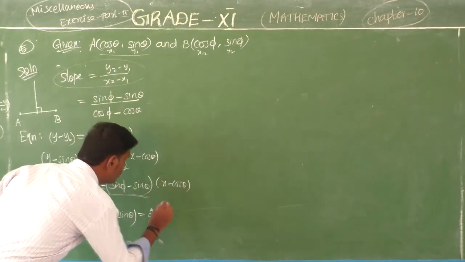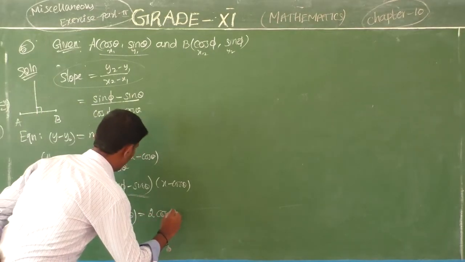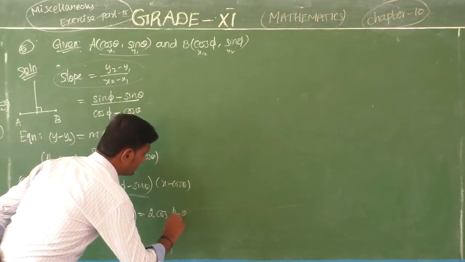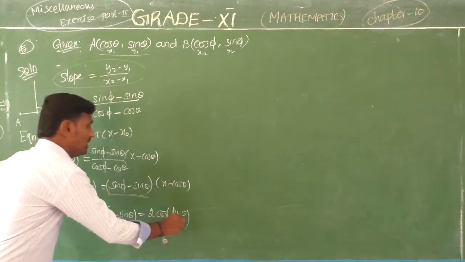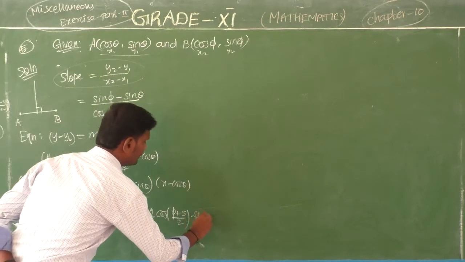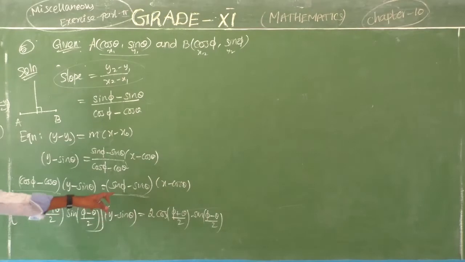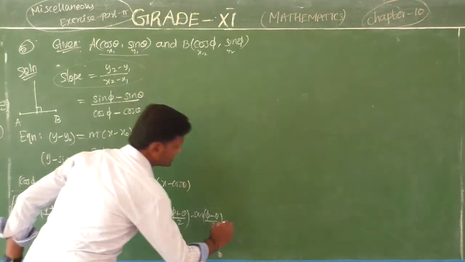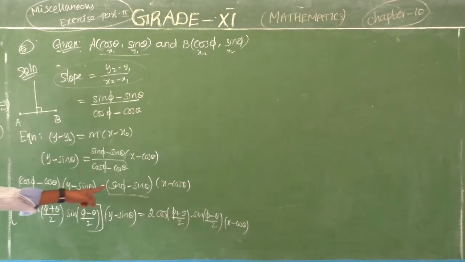So 2 cos of phi plus theta by 2 into sin of phi minus theta by 2, into x minus cos theta. Have you got it, children? Listen carefully here. Sin phi minus sin theta is in the format of sin x minus sin y, so we need to consider 2 cos x.